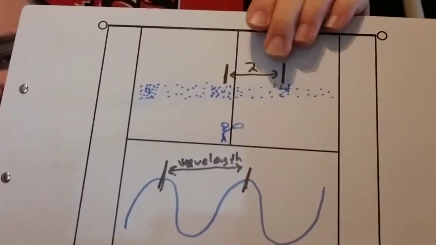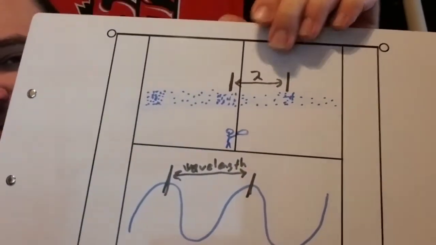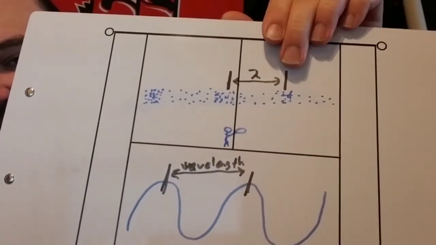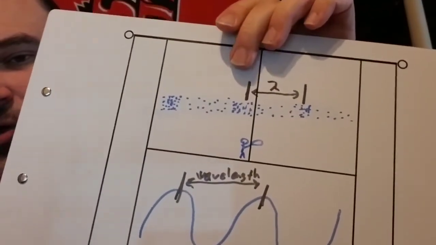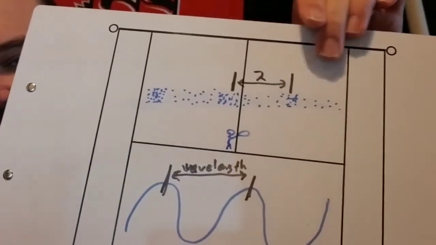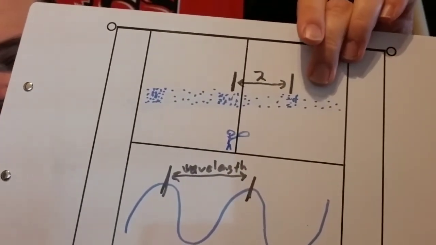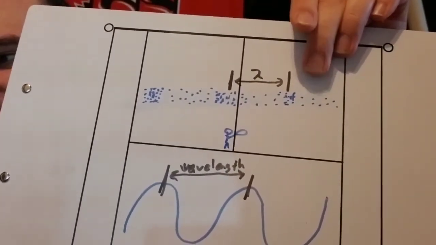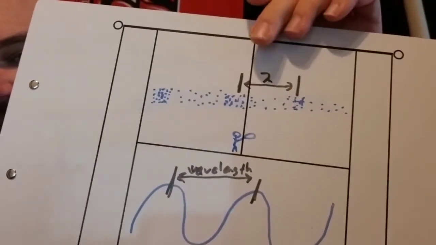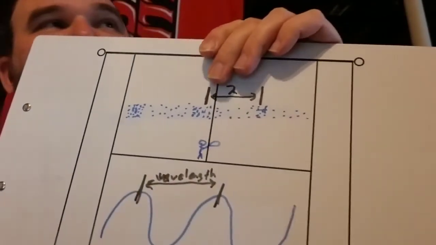And in a longitudinal wave, we're typically going to see it like we see here from compression to compression, or you could do it from the center of the wider part to the center of the next wider part, the rarefaction.